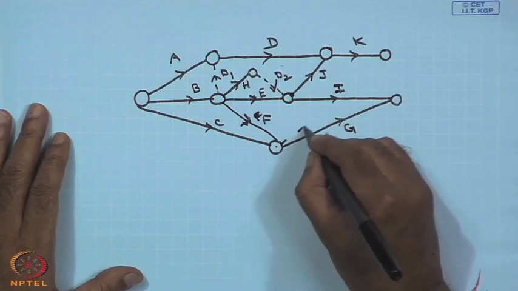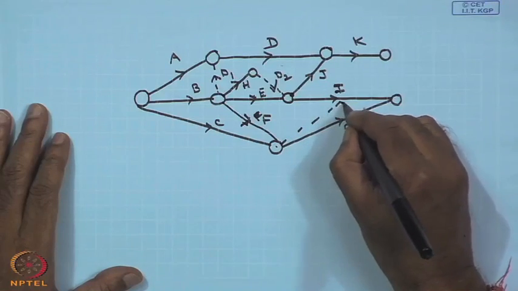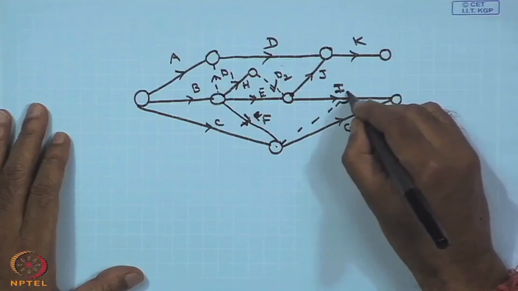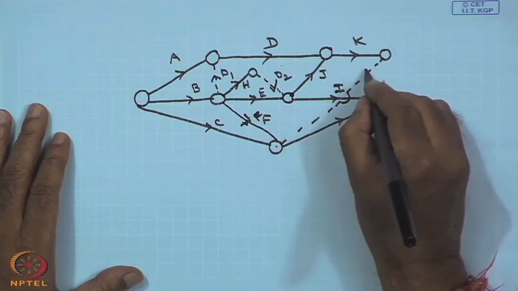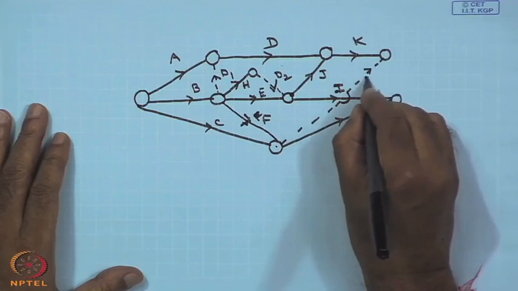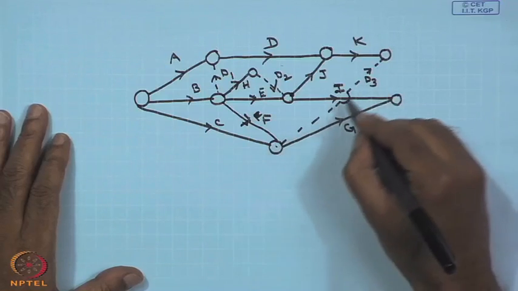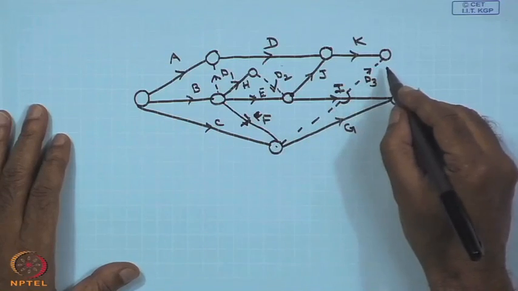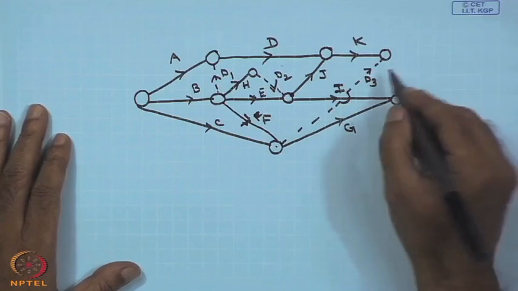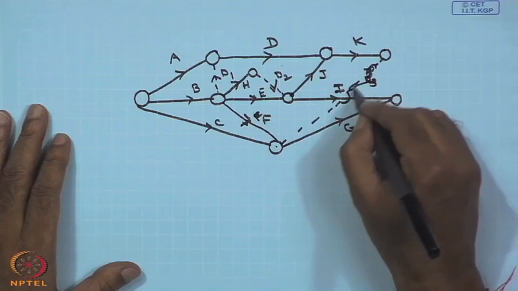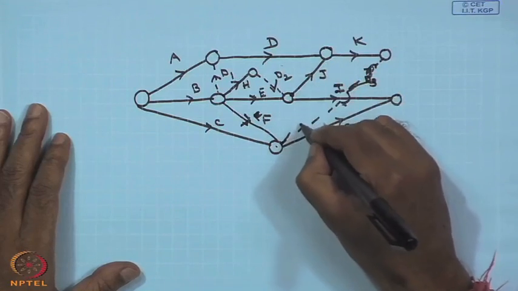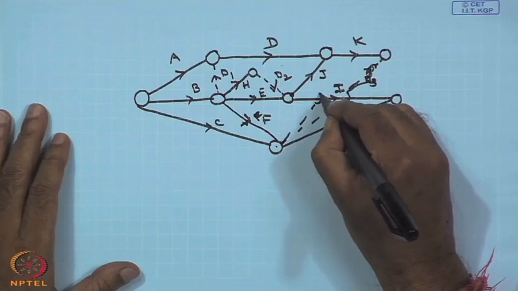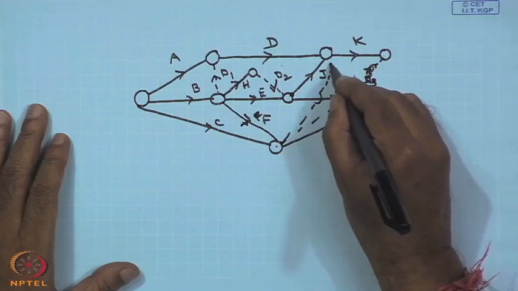So, therefore, I will draw it something like this. Usually for cutting we use like this. So, say this is your node D3. Once I am adding another node D3, I am sorry, this is wrong, this is absolutely wrong, this cannot be there. Before this is your J. So, it must be something like this.